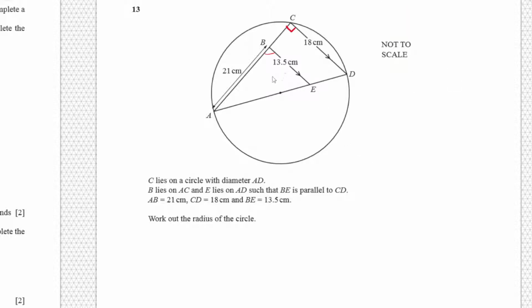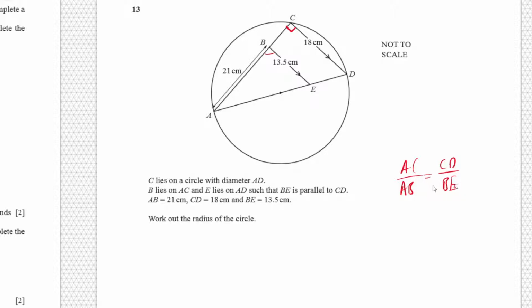and we can use some rules of similarity to solve this. What we can do is put the corresponding side over the corresponding side and make it equal to the other set of corresponding sides. Let me show you what I'm talking about. AC over AB is going to be equal to CD over BE.